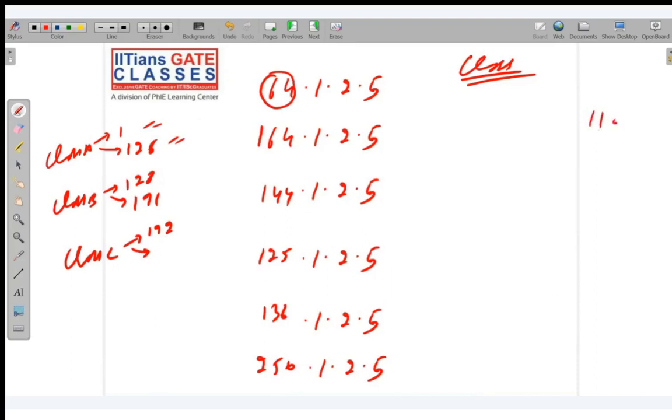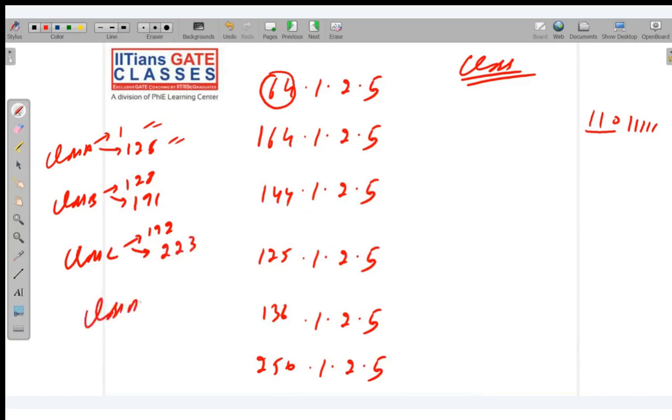192 is for class C, first 3 bits are reserved. So five bits remain: 1, 2, 3, 4, 5. So what is this number? 31 you have to add. 192 plus 31 comes out to be 223. Yes.